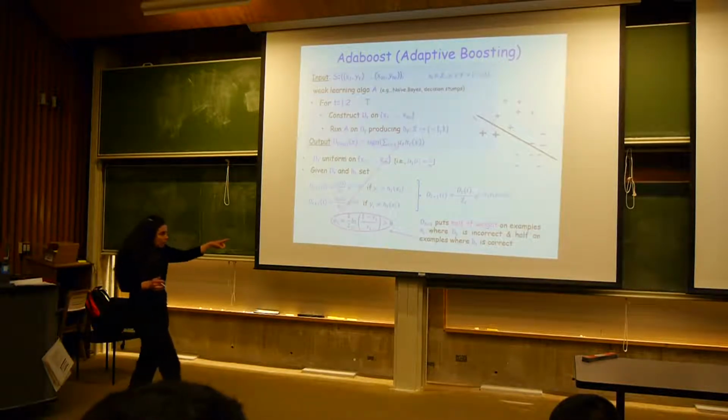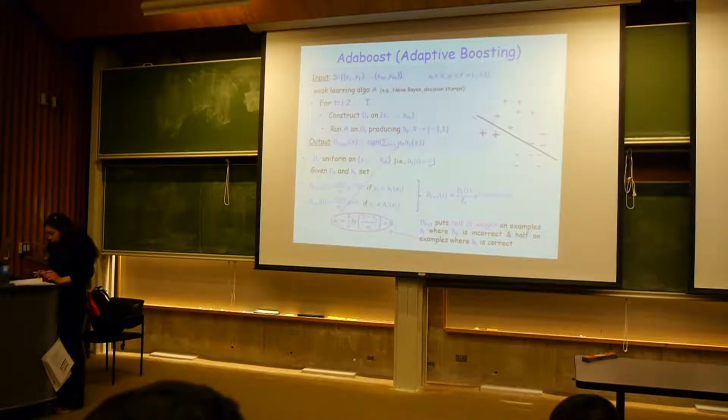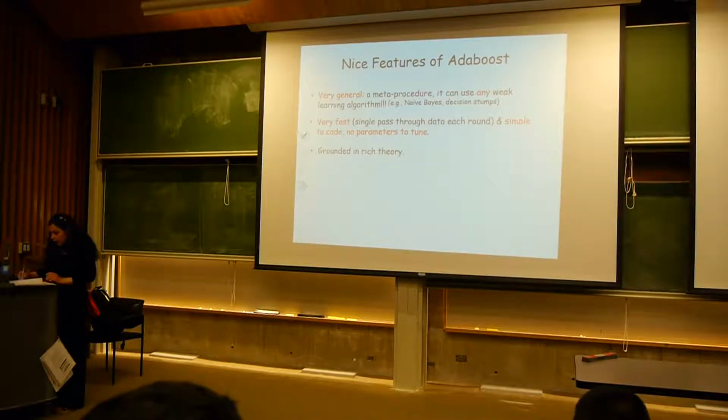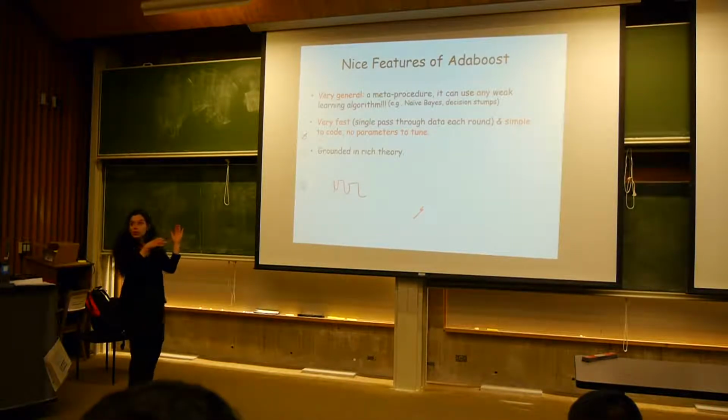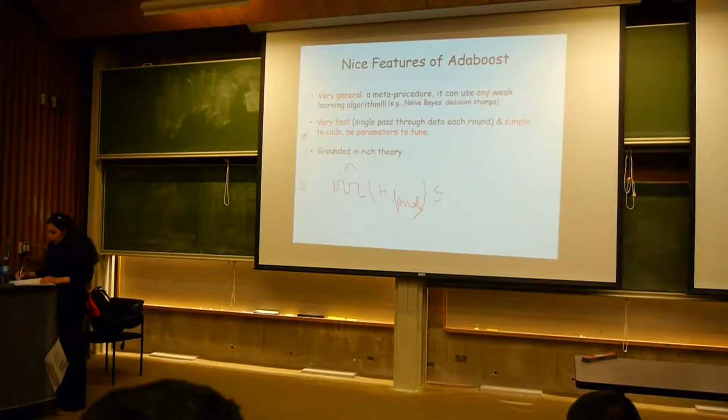Now, why did we put half and half? Well, when we went through the analysis, we noticed that the empirical error of the final classifier of AdaBoost is upper bounded by m times the product of the normalization factors.